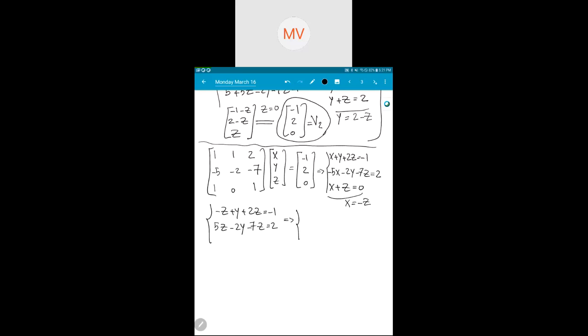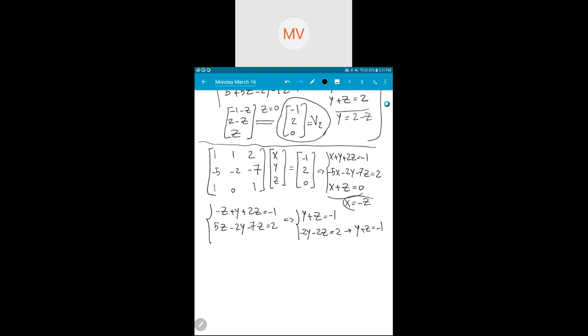And these two give us Y plus Z equals negative 1. And I'm assuming this one's going to give us negative 2Y, negative 2Z. Yep, negative 2Y, negative 2Z equals 2. And it's exactly the same. Divide by negative 2, and that's Y plus Z equals negative 1.